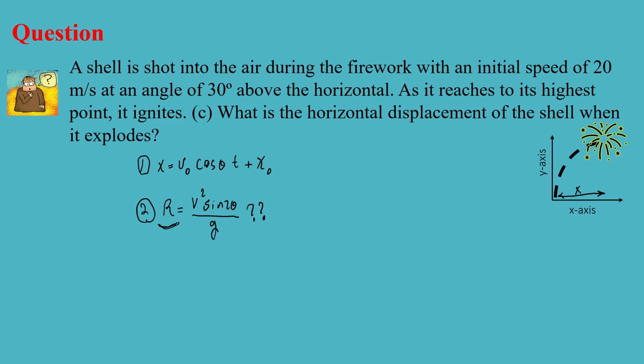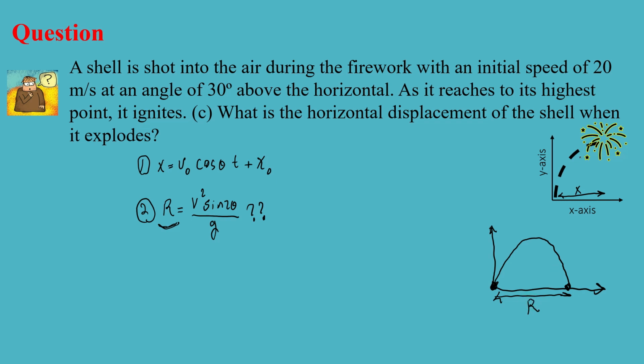R is the maximum horizontal displacement. So if the particle starts at this point, goes up, and then comes back to the same position it started from, then this displacement is r. So it's going to be your maximum horizontal displacement.